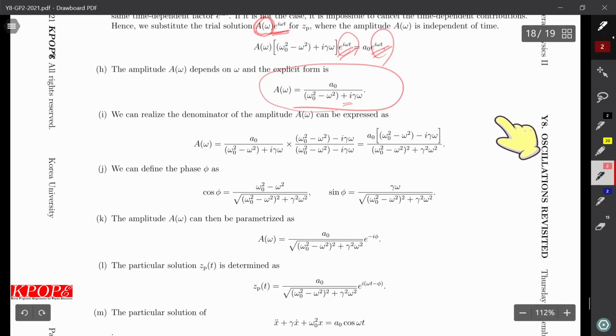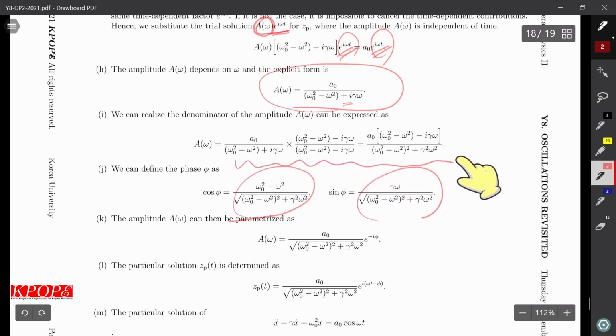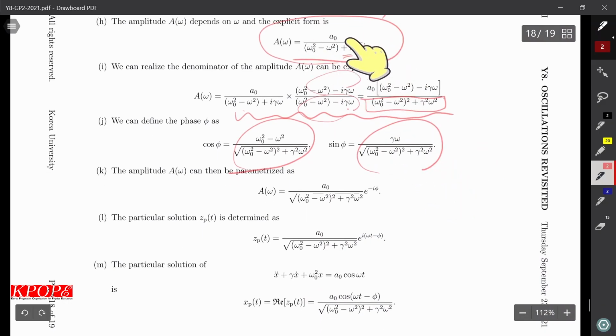The phase constant can be determined if we make use of this complex number analysis, by reorganizing the calculation. These are the same thing, but this is multiplied by the complex conjugate to realize the denominator. Then the numerator has the opposite sign because it is a complex conjugate.